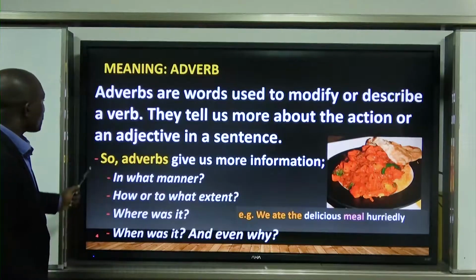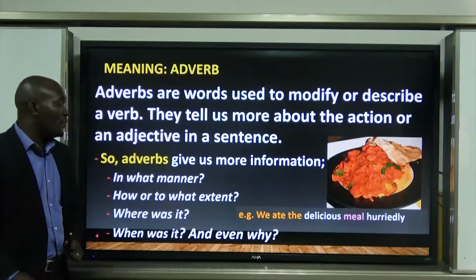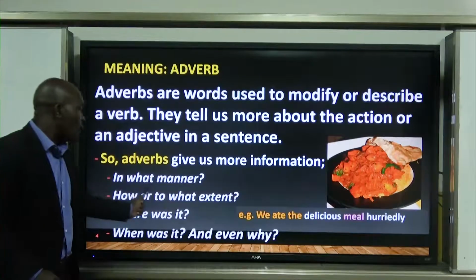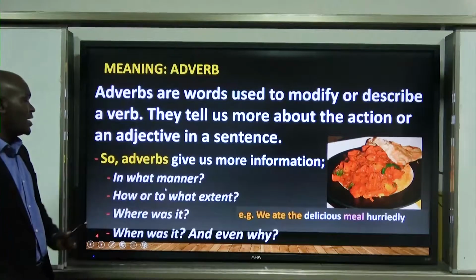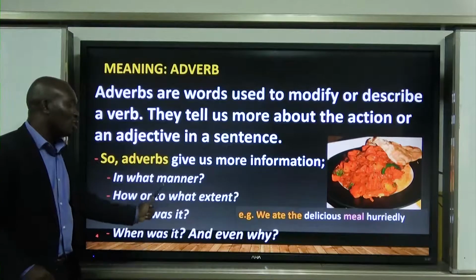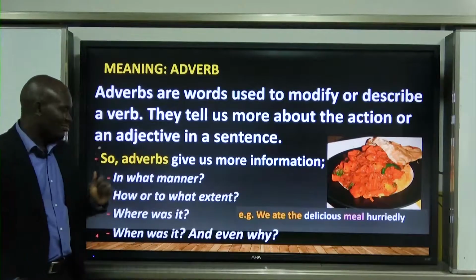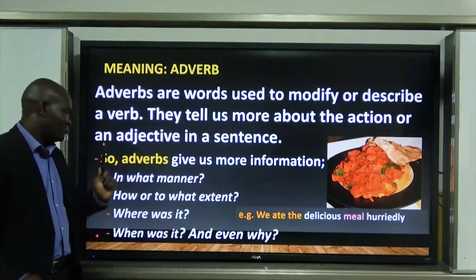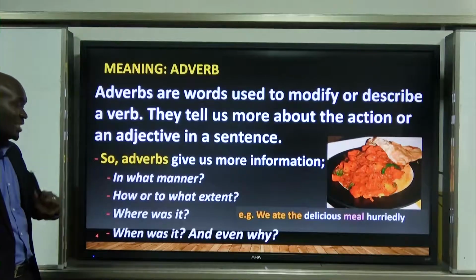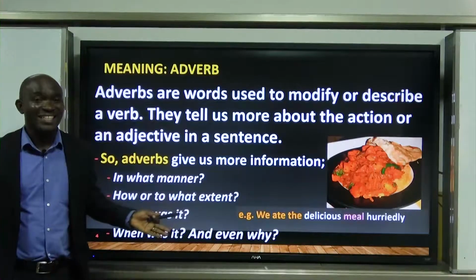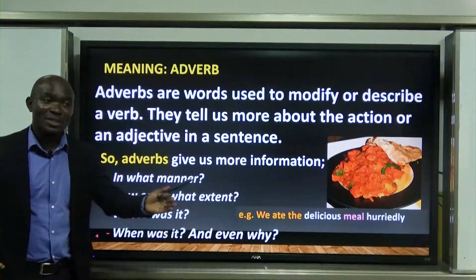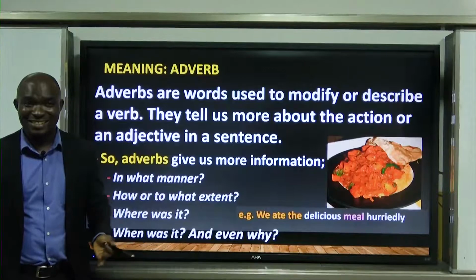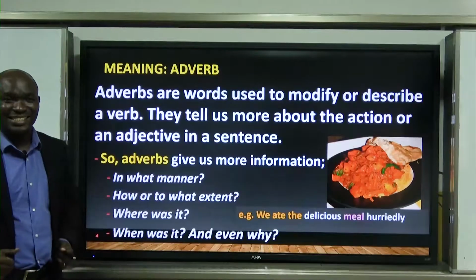So we say adverbs give us more information about in what manner, how, or to what extent, where was it, when was it, and even why. So the other one, what kind, how many.